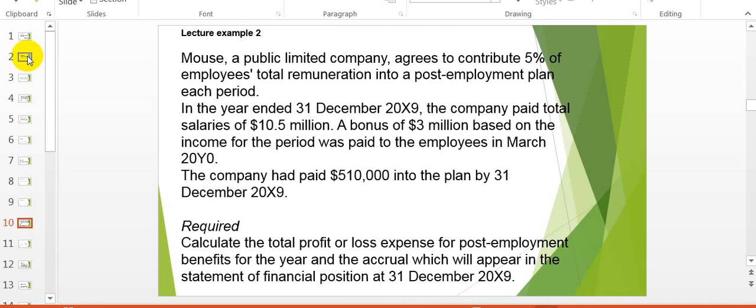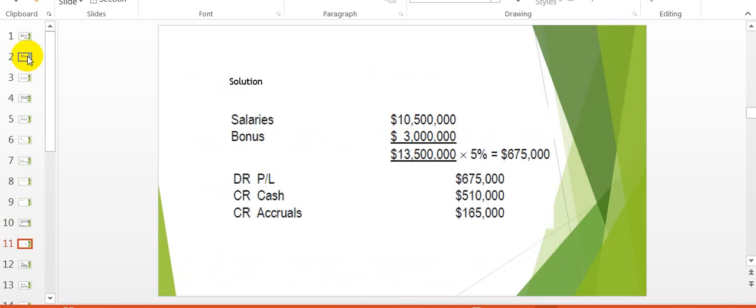The 5% contribution is based on the total remuneration. So we are going to add the 10.5 million to the 3 million to give us 13.5 million. We get 5% of that, which is 675,000, as the expense which should be recognized in the P&L this year.